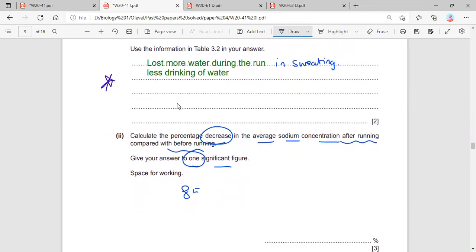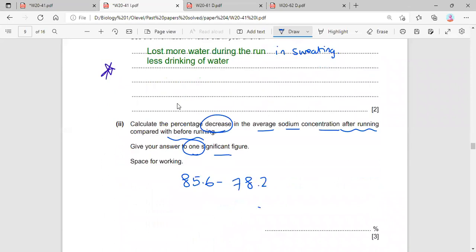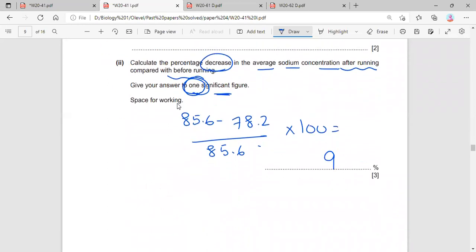So I will do 85.6 minus 78.2 over 85.6 times 100. Please remember to round to the nearest one significant figure after you finish. The answer will be 9%.